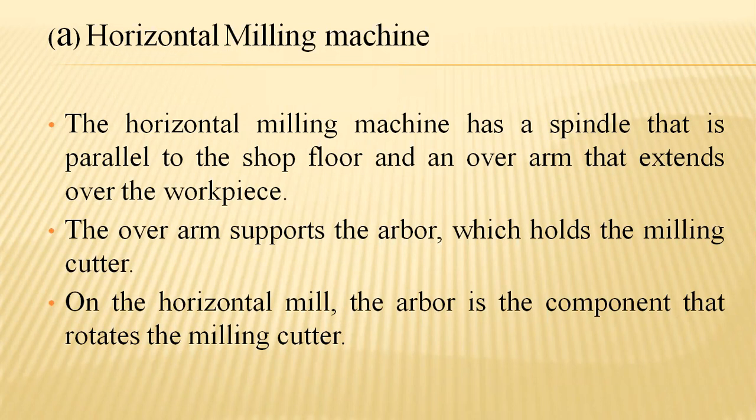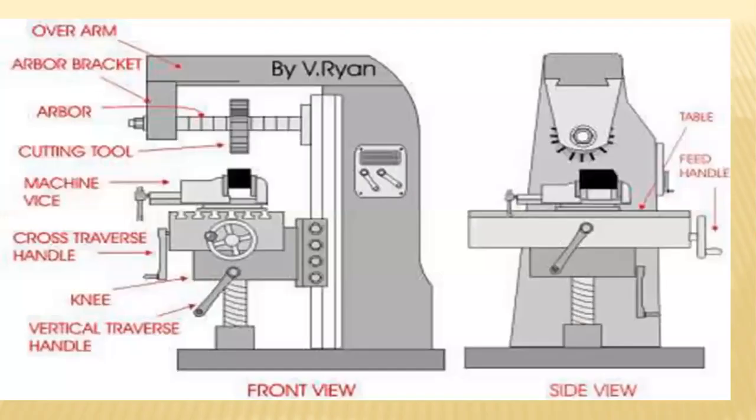All the rotational actions are performed by the cutting tool, or we'll simply call it the cutter, and the work part varies with respect to the table in to and fro motions, as clearly specified here.